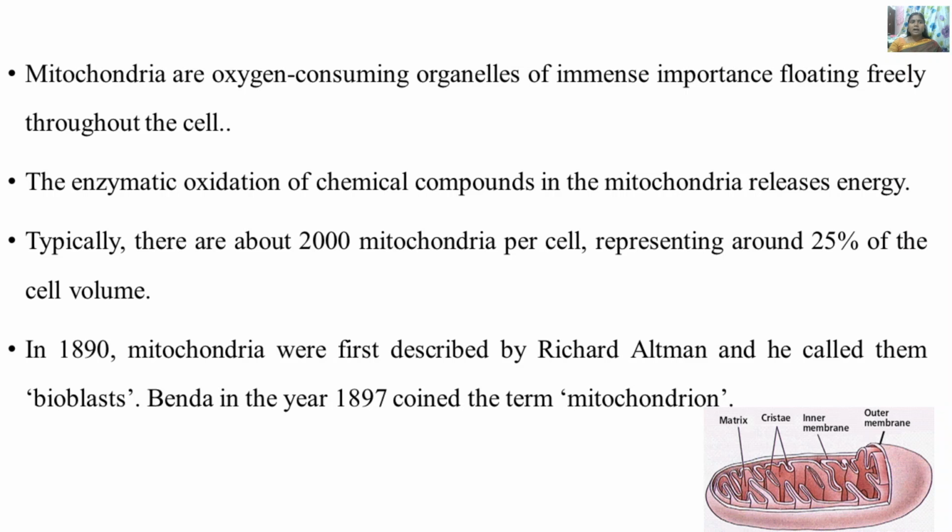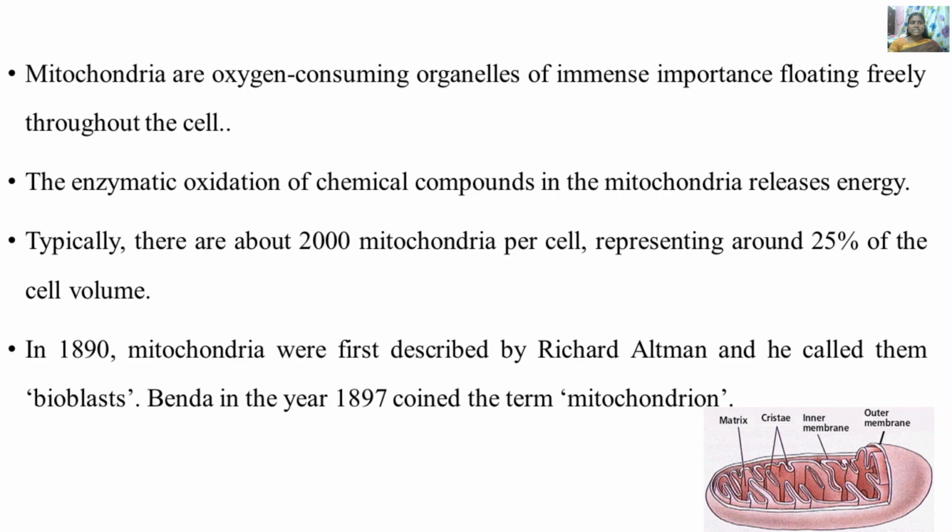Mitochondria are oxygen-consuming organelles of immense importance, floating freely throughout the cell. The enzymatic oxidation of chemical compounds in a mitochondria releases energy. Typically, there are about 2000 mitochondria per cell, representing about 25% of the cell volume.